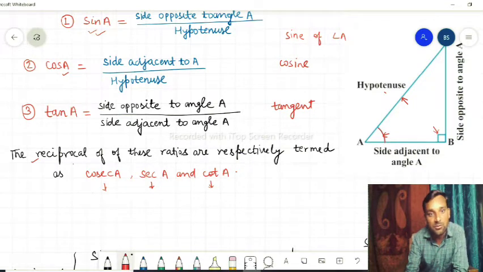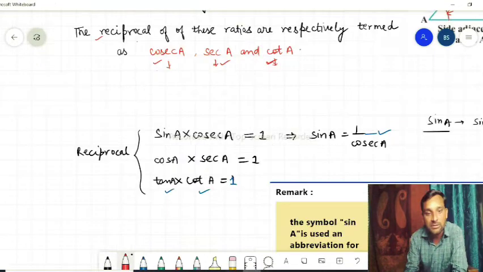The reciprocals of these ratios are respectively termed as cosecant of angle A, secant of angle A and cotangent of angle A. Sin A and cosec A are reciprocals of each other, so their product is equal to 1. We will use it later in the next exercise.